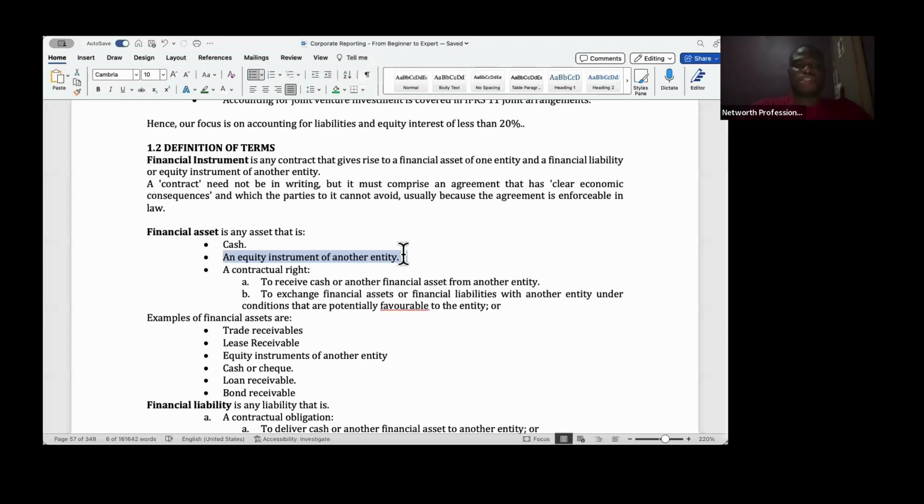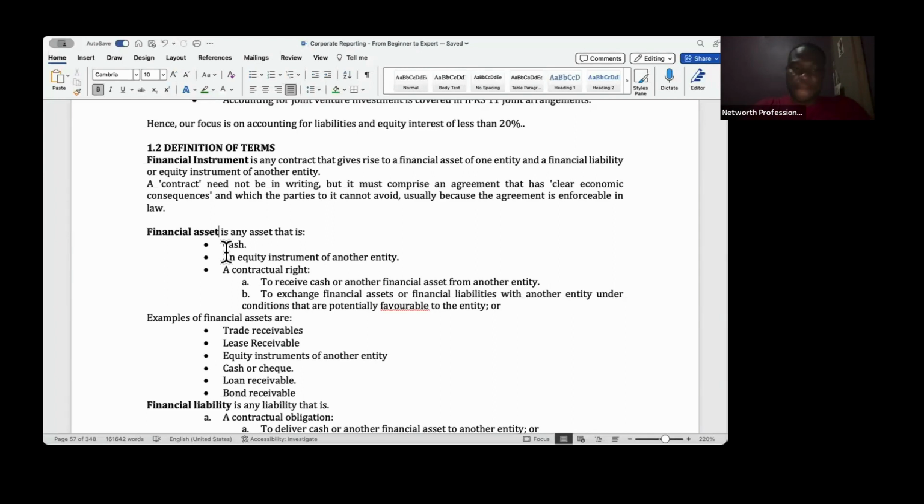If you bought their shares, automatically you're a part owner of that company. But what you have done is that you have invested, and that investment you have is a financial asset. So a financial asset is an equity instrument of another entity, meaning that you invested in shares of another entity. It's a financial asset too.